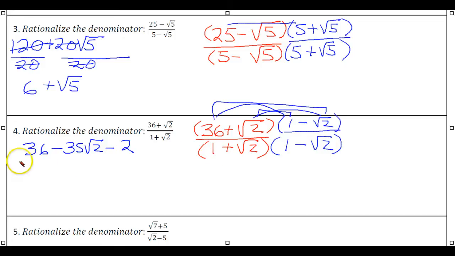Now our bottom, as we FOIL this is going to be a 1. And this is going to be a minus 2. So our denominator here becomes a negative 1. So we can erase that a little bit, save room. Now we're going to combine our negative 2 and 36 and get a 34 there.